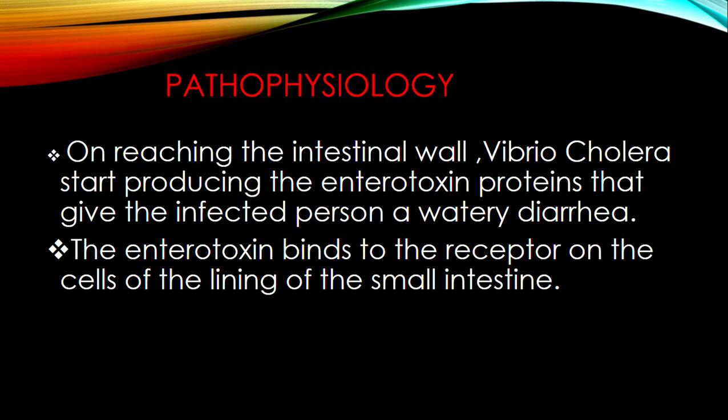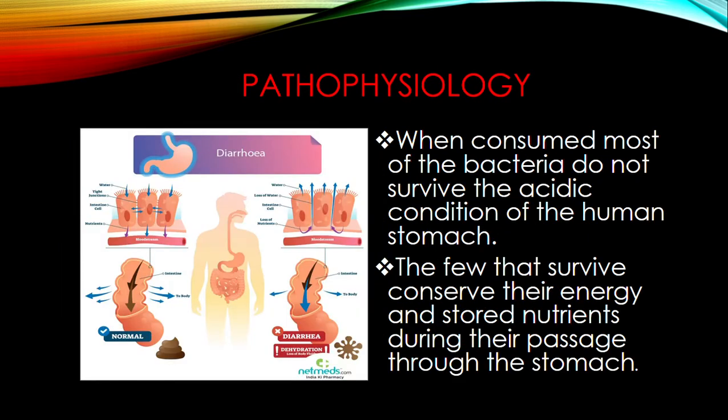So what is happening is that, let's go to this slide. So what's happening is that Vibrio cholerae has entered into the walls of the intestines. Now it has started to produce the enterotoxin.